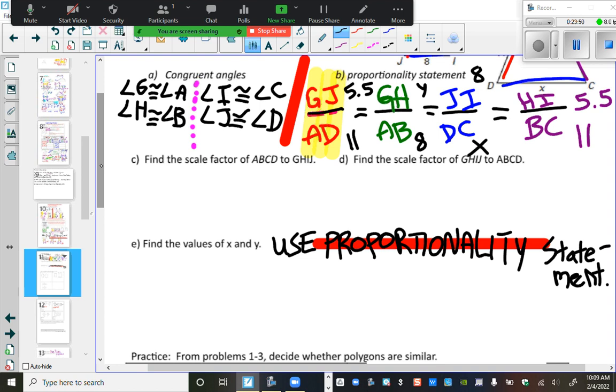I want this one. Because look, there's a reason why I highlighted this, ladies and gentlemen. You need this initial ratio. That's why we highlighted it. It has a number both on the top and the bottom. You have to use this as your base, your starter.